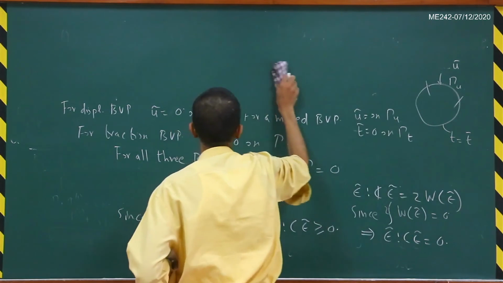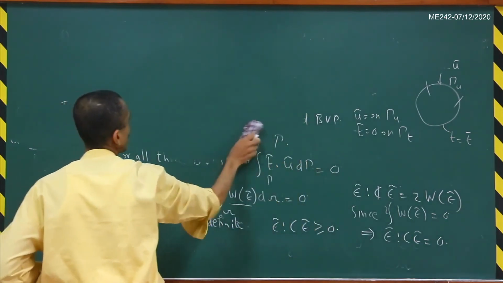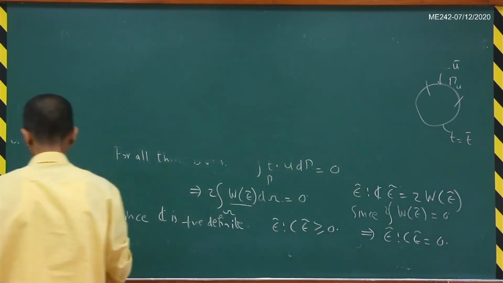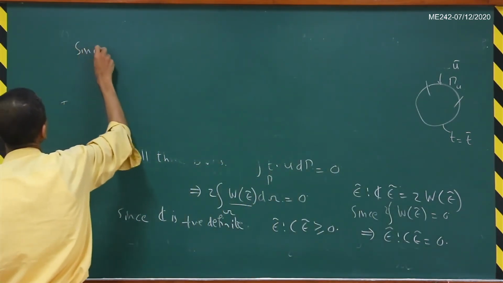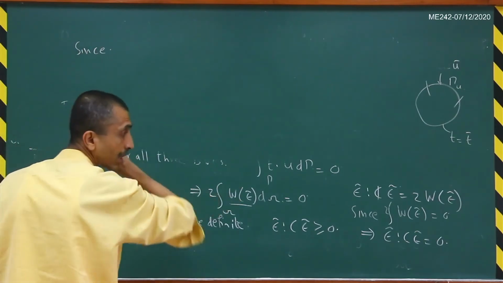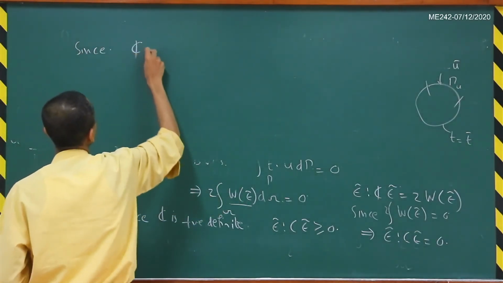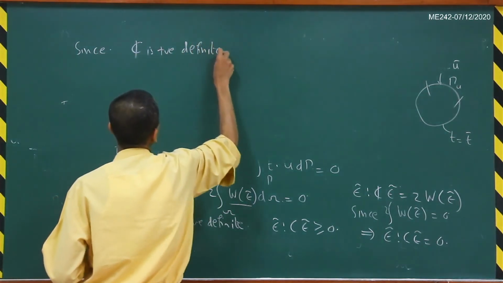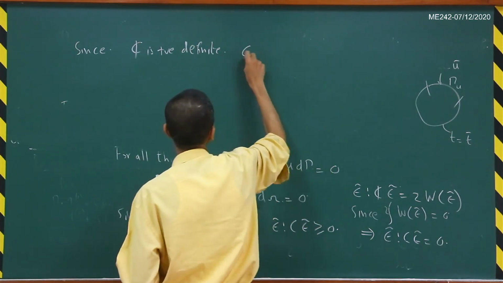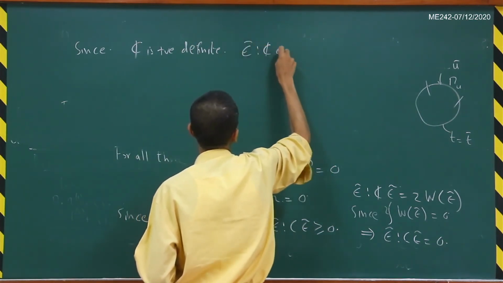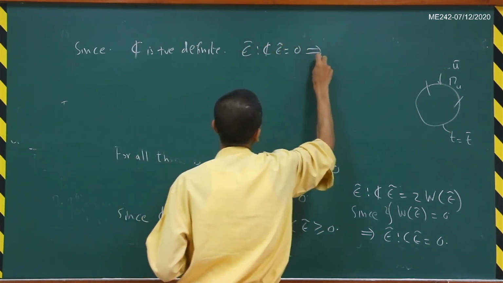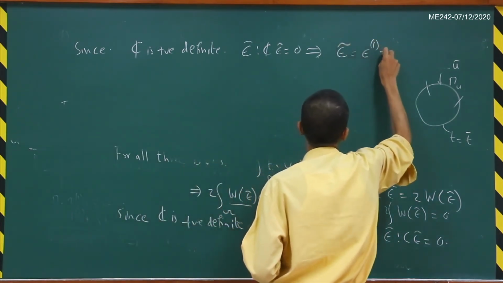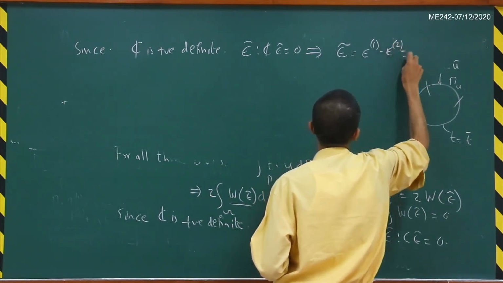Since C is positive definite, epsilon tilde times C times epsilon tilde equal to 0 implies that epsilon tilde, which is equal to epsilon 1 minus epsilon 2, is equal to 0.